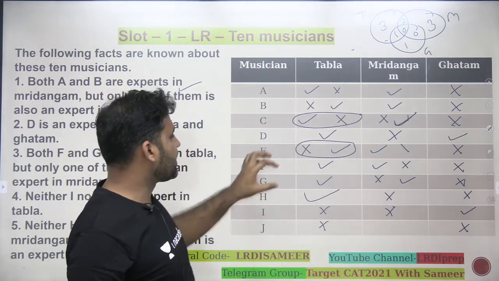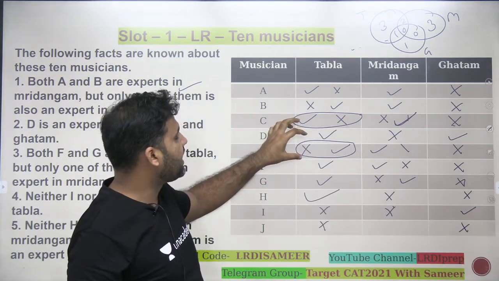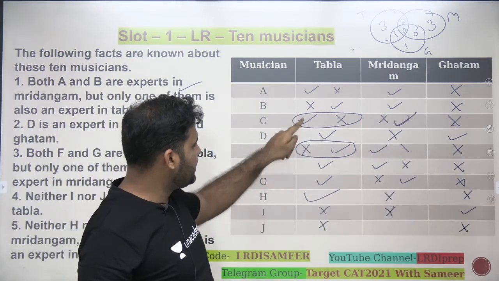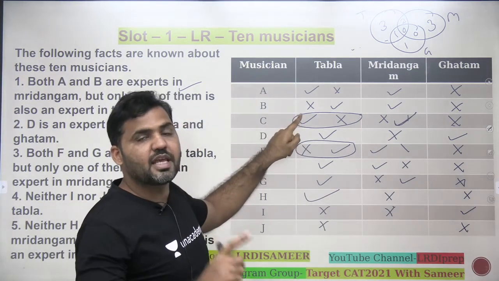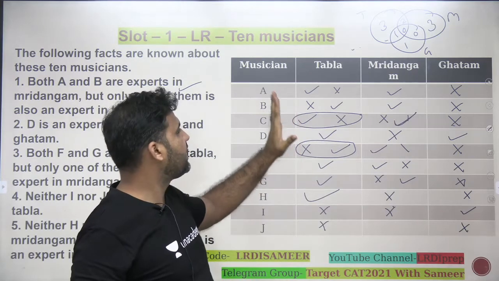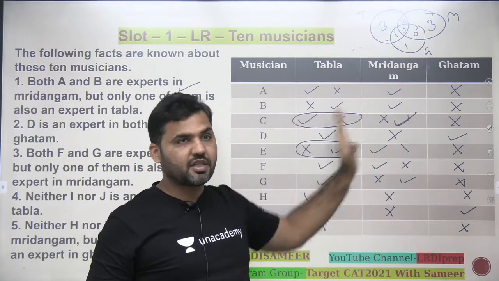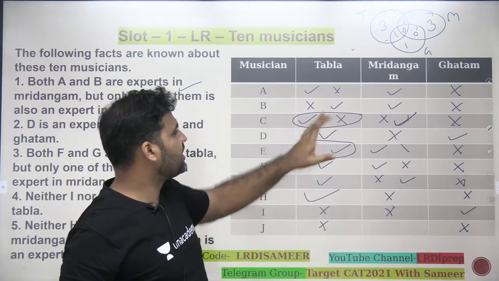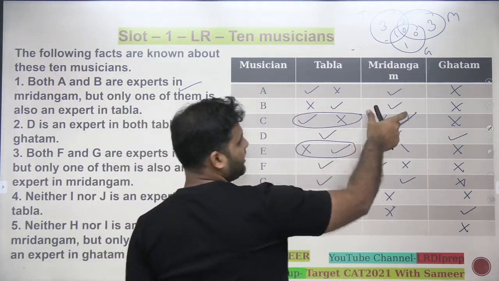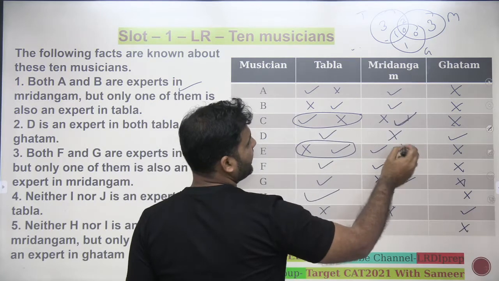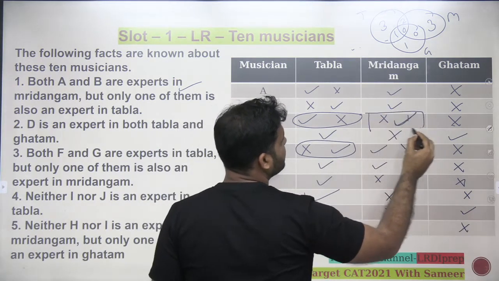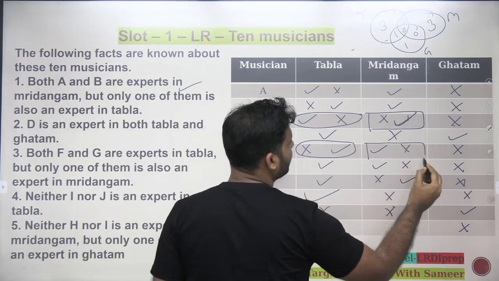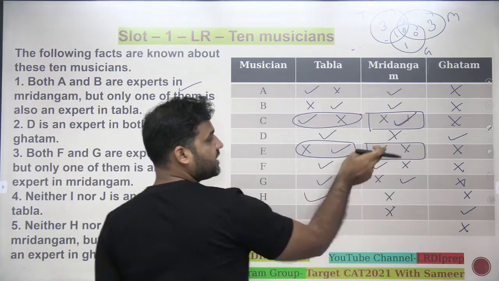Exactly with the same logic, you also need to see that between these two persons, there's one person playing only tabla and one person playing tabla and mridangam. So depending upon whether the person is playing tabla or mridangam, you also need to decide the position here. So can I say that these two positions are also interconnected?